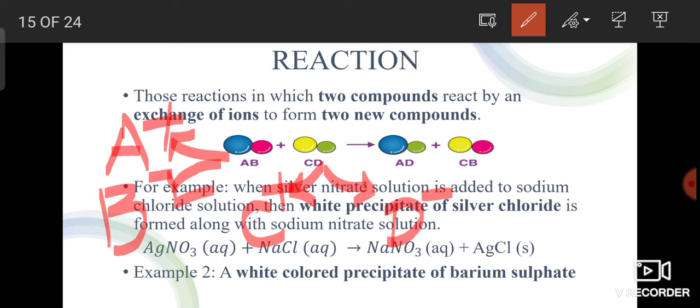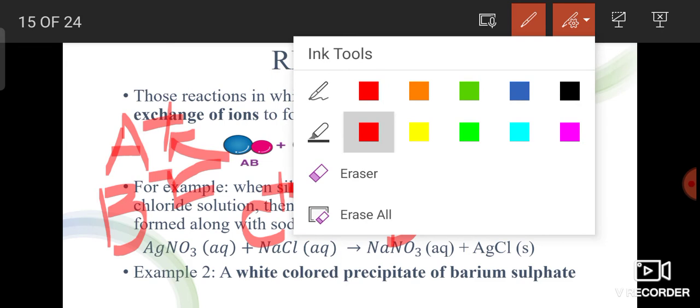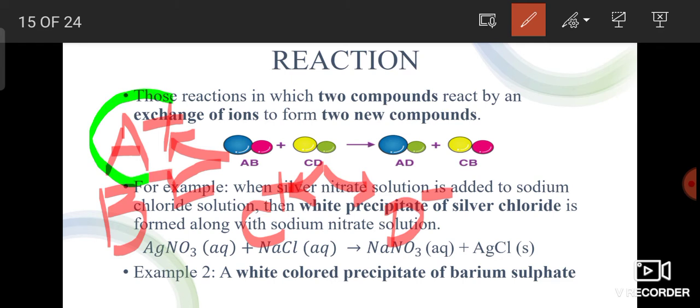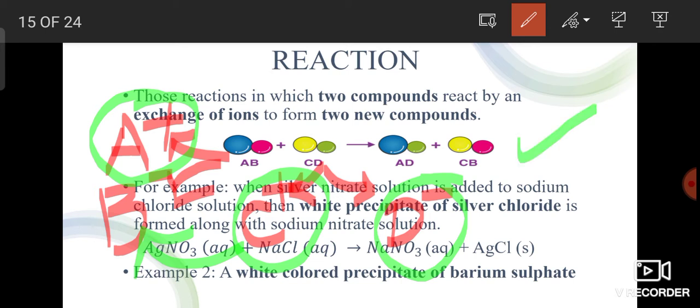Now these two reactants react by exchanging their ions, which means A is going to be chemically combined with D, and the C cation is going to be chemically bonded with B. So this results in the formation of the product AD, and the other product will be CB. I hope it is clear to you how we are getting this AD and CB.